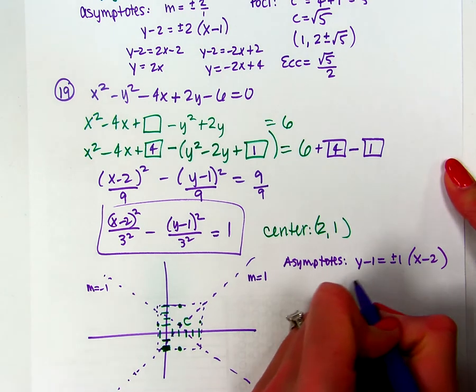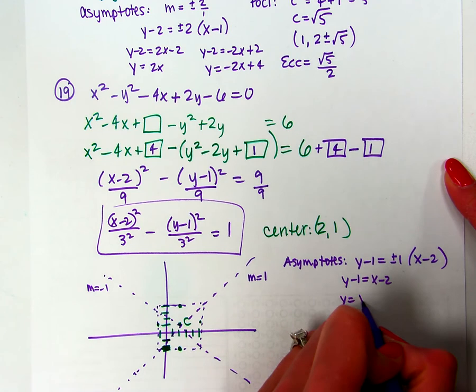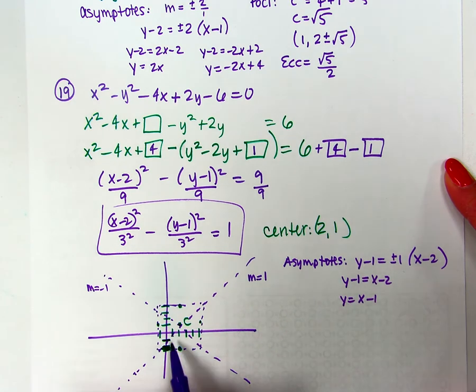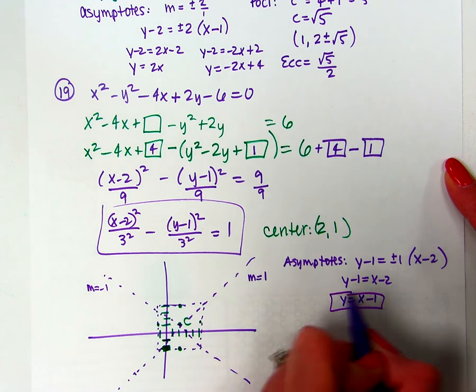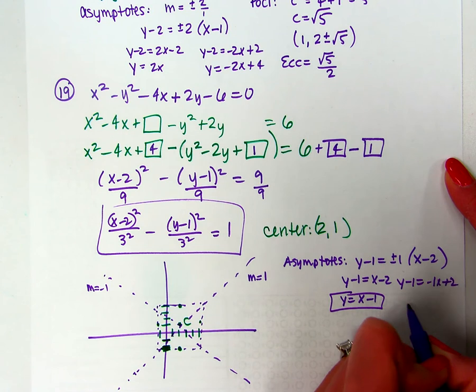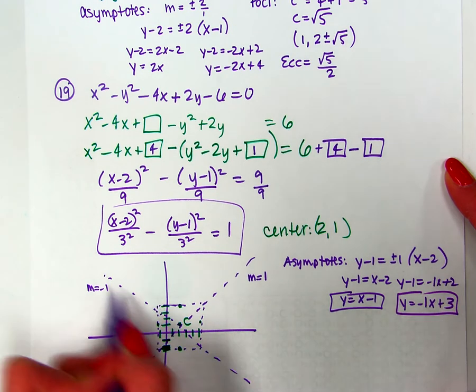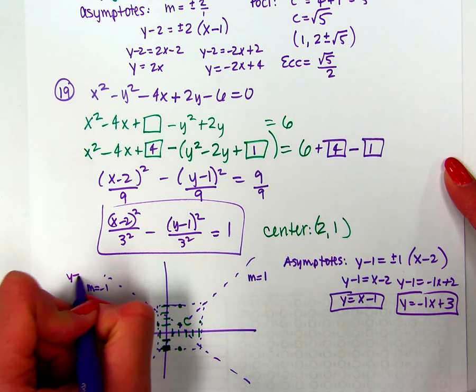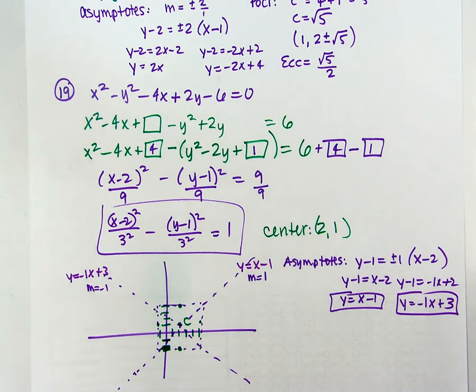So if I solve for y, I get y minus 1 equals x minus 2, which is x minus 1. That's this one, right? And then I could distribute a -1, so I get -1x plus 2. So that gives me -1x plus 3. And that would be this one. All right, so I've got my asymptotes.